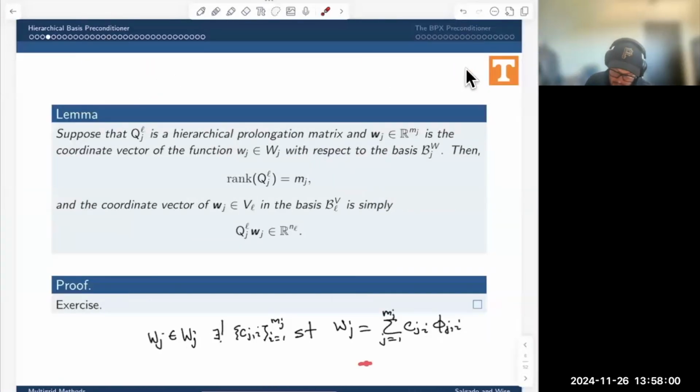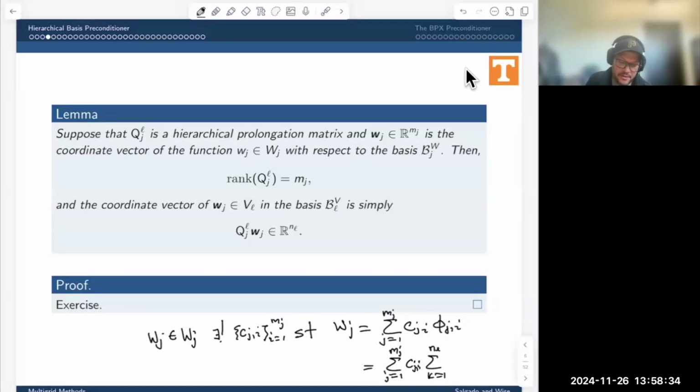That means I have the sum, J equals 1 to MJ, and I think I did the sum K equals 1 to NL for that, of CJI.